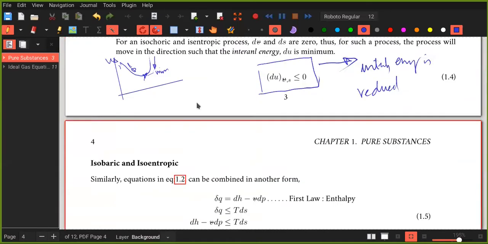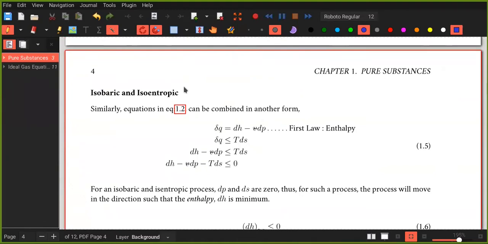So again, we'll consider one or two more special cases. The second is isobaric and isentropic. In case of an isentropic process, again S is a constant, so dS is 0. And in case of an isobaric process, dP is 0 because pressure is constant.